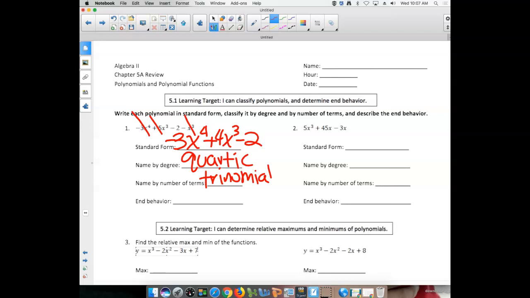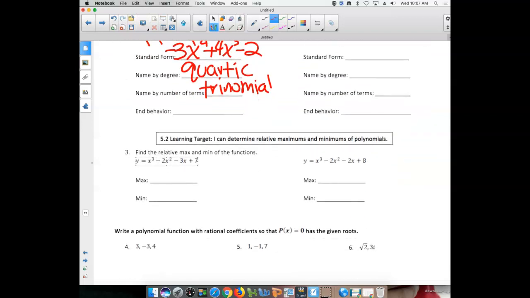Yep. Okay. Now this next part, I'm going to put a little like study guide for you guys down here. This is when we're talking about our end behavior. Okay. So reminder, if I have a positive in front of my x and I have an even exponent, what does my shape of my graph look like? A U. So I'm going to have a U. Okay.